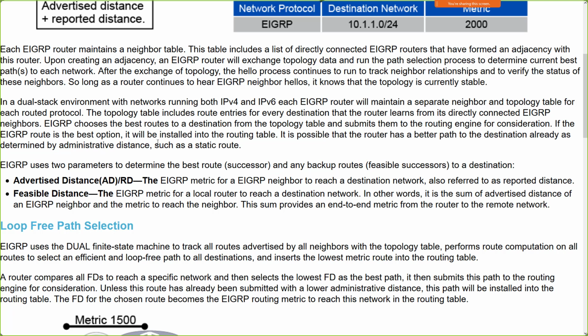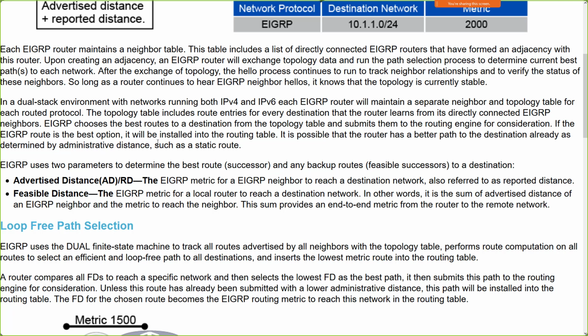So there are two things that allow us to determine the best path, right? The successor path, which is the path with the lowest overall feasible distance. How much does it cost for me to get to my neighbor? And how much does it cost for my neighbor to get to the final destination, right? That overall metric is the feasible distance, and that's what I use to determine which path is going to become the successor.